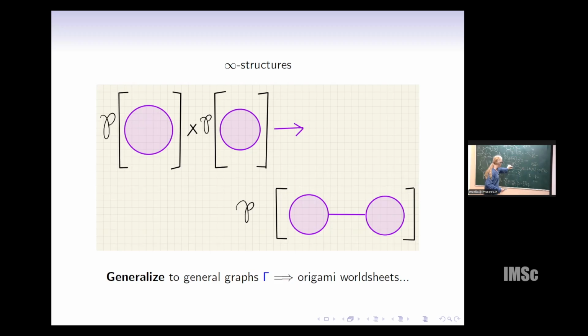For each circle, we can attach a phase space, which was the simple space we started with. But now there is some map between the product of these 2 phase spaces into the single phase space. So this is an infinity structure. And now I'm generalizing: this simple circle is generalized to an arbitrary trivalent graph with some topology. So there's more structure on those spaces.